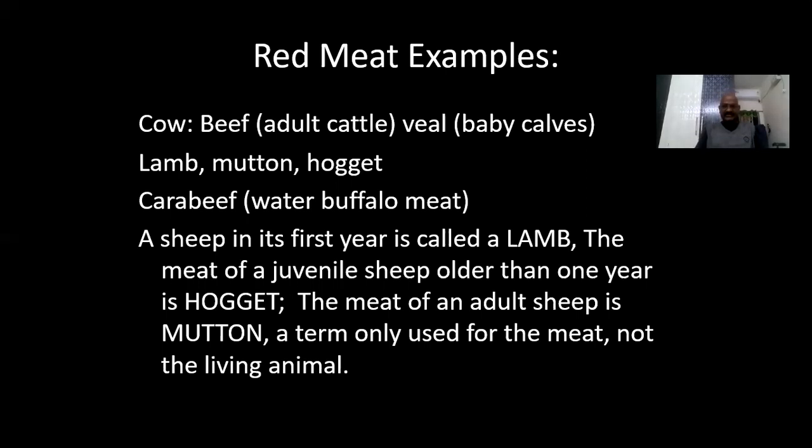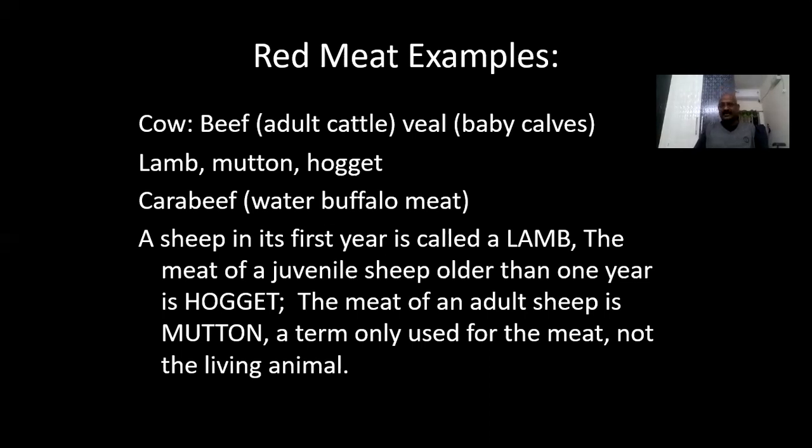A sheep in the first year is called a lamb, and the meat of juvenile sheep older than 1 year is hogget. The meat of adult sheep is mutton, a term only used for the meat, not the living animal.